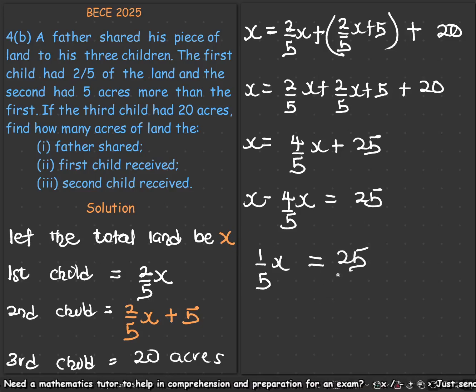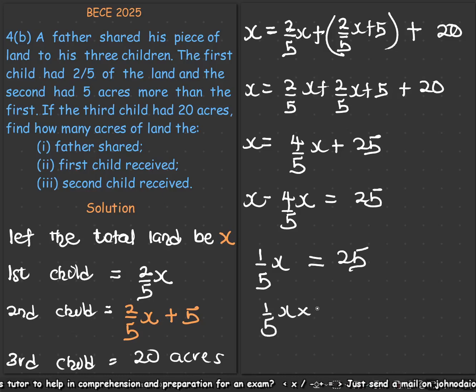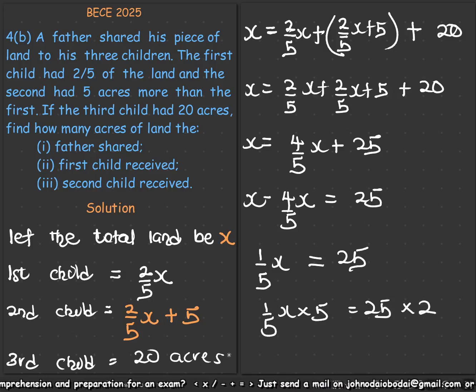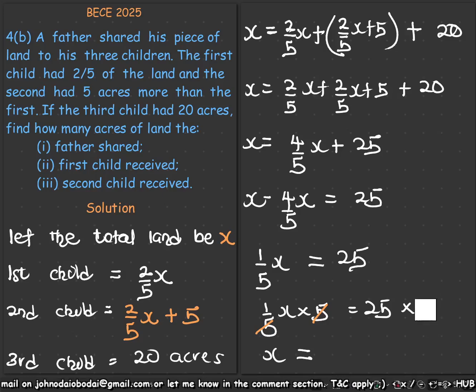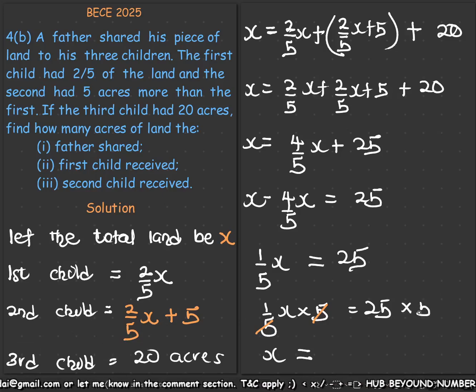So making X the subject, how will we do that? We'll multiply both sides by 5. So that 5 here cancels out this 5. And then we are going to get our X being equal to 25 times 5, giving us what? 125.